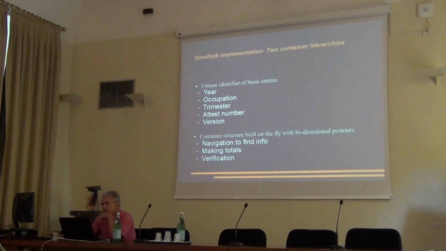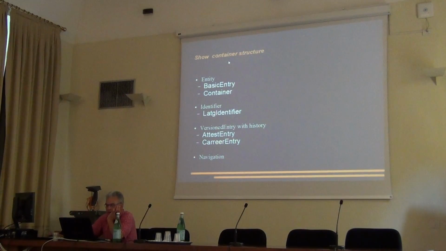Most of the information is at higher levels, so you have to pick up, for example, the sex of the worker. It's interesting to know that only at the level of the worker do you find that information. And then you have to make a lot of totals on all sorts of levels. As I said, there is a lot of verification to do. So I'll show you how I made the container structure.